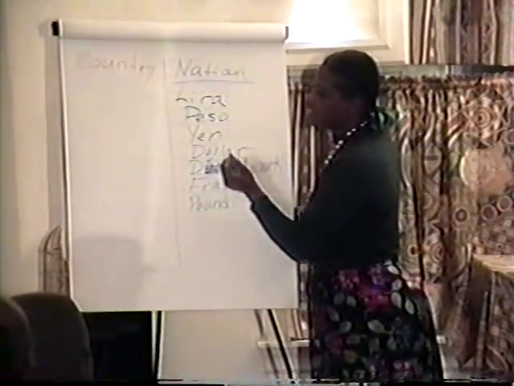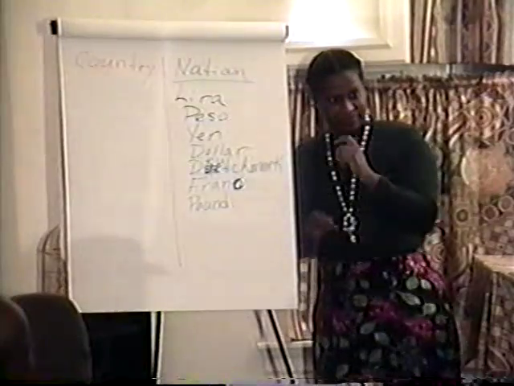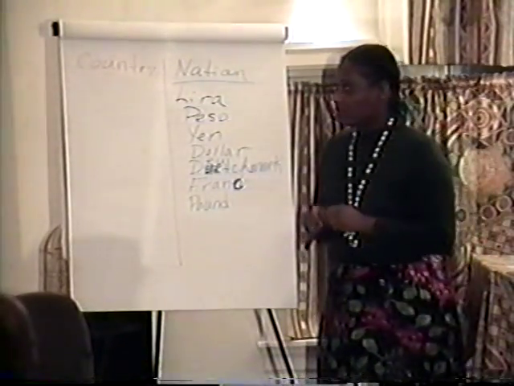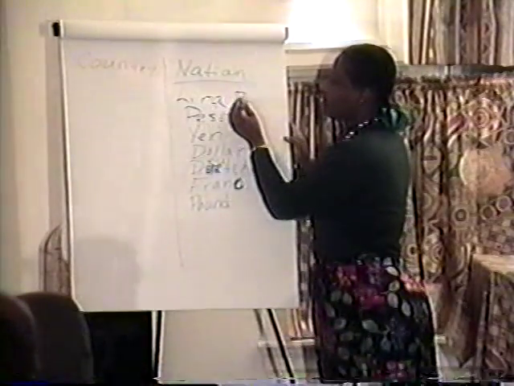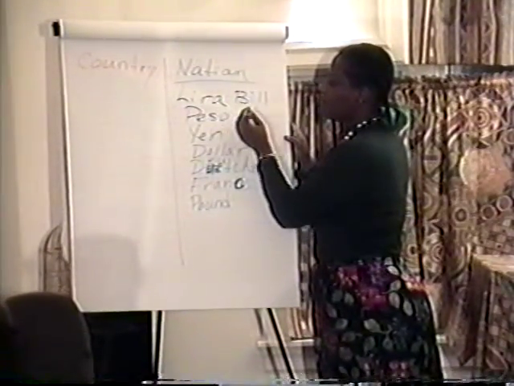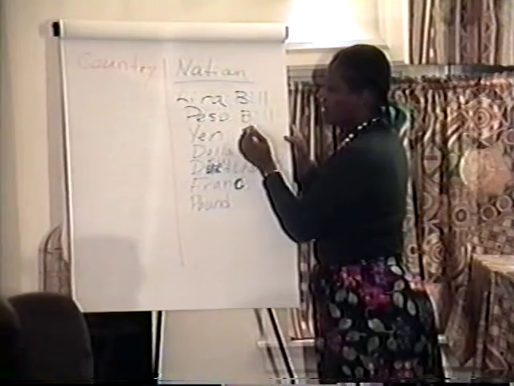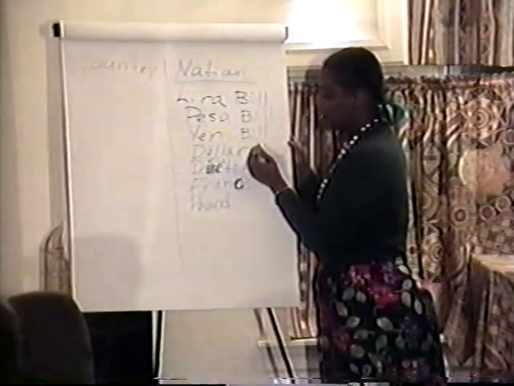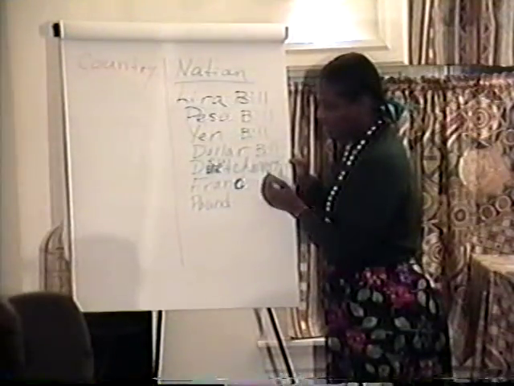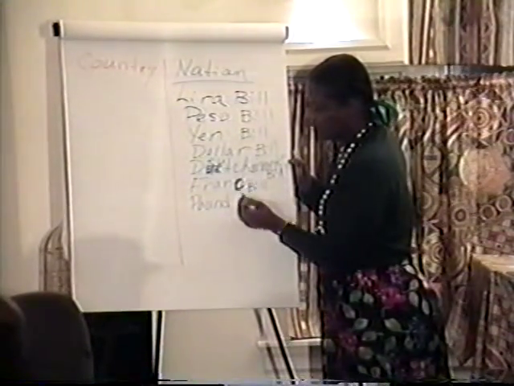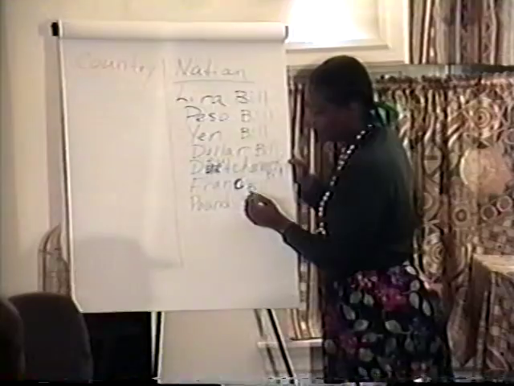What do all of these have in common? Paper. The lira bill, the peso bill, the yen bill, the dollar bill, the franc bill, the pound bill.